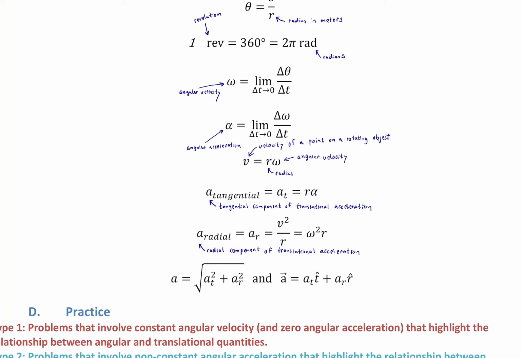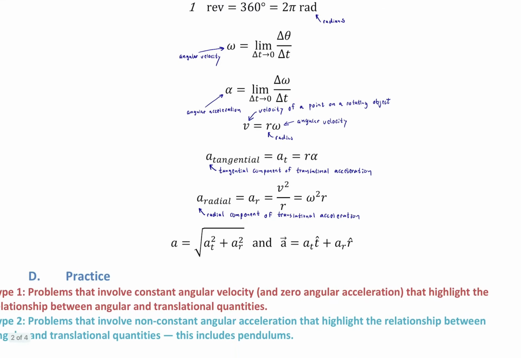So then we see that our 2 components of translational acceleration are dependent on the new angular kinematics, r alpha and omega squared r respectively. But the interesting thing about radial acceleration is, depending on the context, we can define it entirely in translational terms, v squared over r, or in terms of angular expressions.